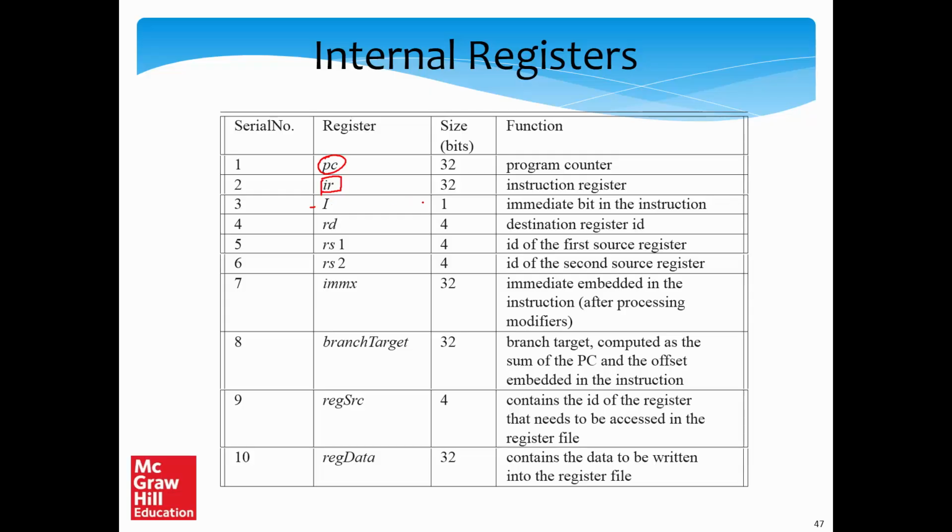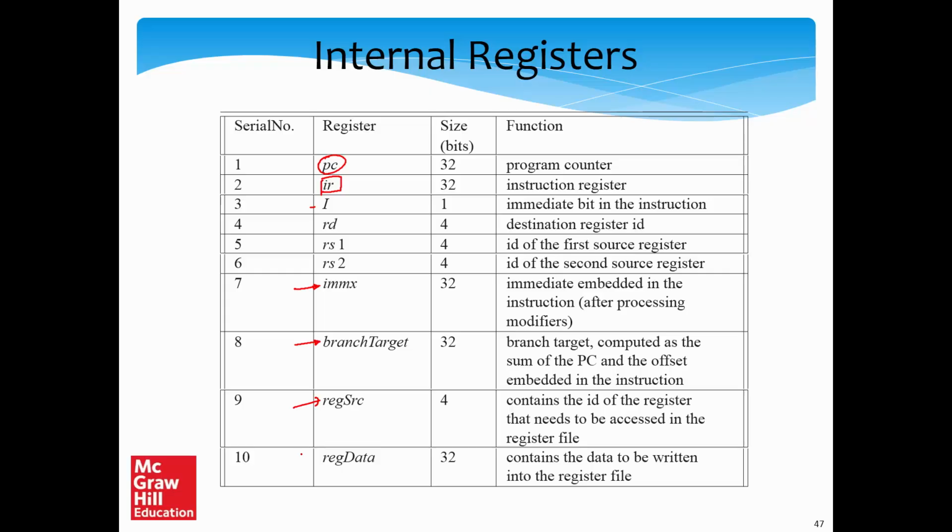The I micro register is a single bit, the immediate bit. RD, RS1 and RS2 contain the destination register ID and the IDs of the first and second sources. The 32-bit extended immediate is stored in the IMEX micro register, and the branch target in the branch target micro register.